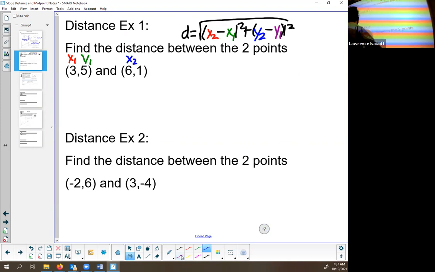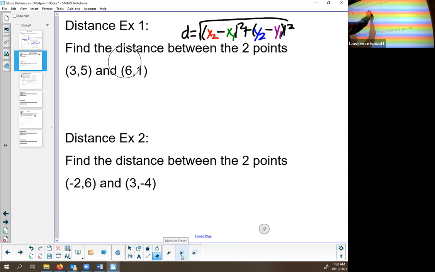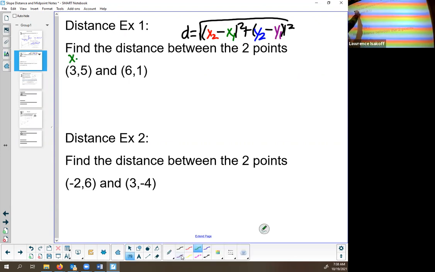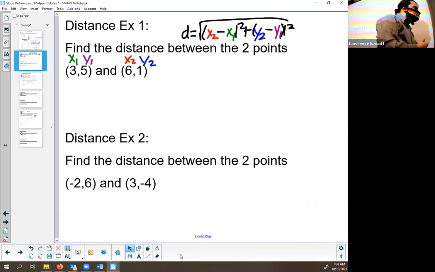Oh, wait, I got my colors off. Sorry. So the first point was X1, that was cream. Y1 I have as purple. X2 and Y2. Does that make sense how the points are essentially labeled?